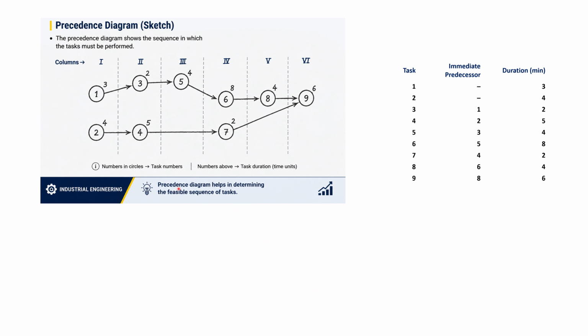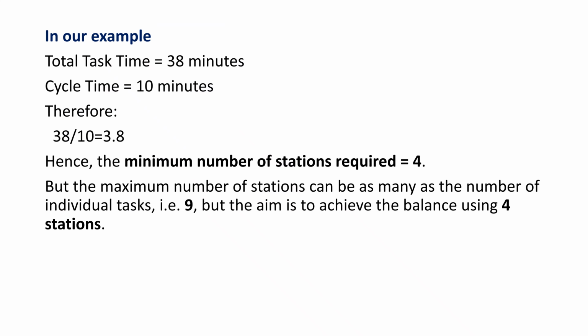So the precedence diagram helps in determining the feasible sequence of tasks. We have drawn that. Now, in our example, it is given that total task time equals 38 minutes. Then cycle time is given as 10 minutes.